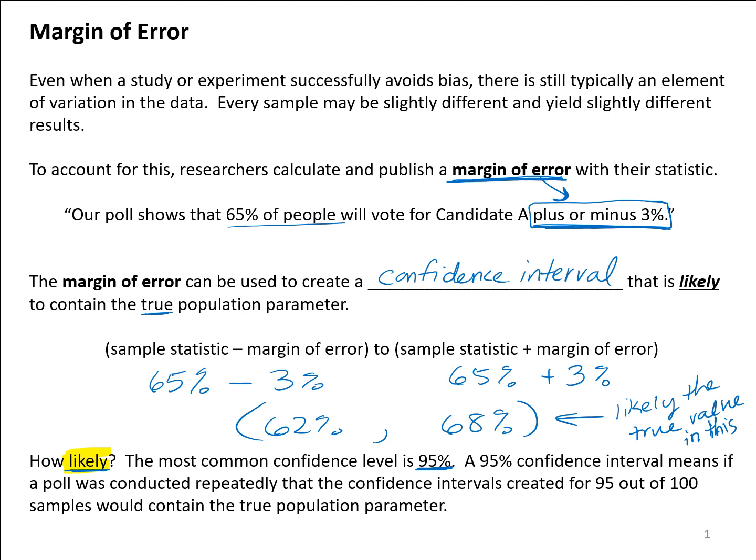But there's still a little portion that we need to recognize in which the true proportion might not be there. And that's because, again, every sample is going to be slightly different and yield slightly different results. And sometimes just through randomness, those slightly different results may be quite a bit different than what the population would be.